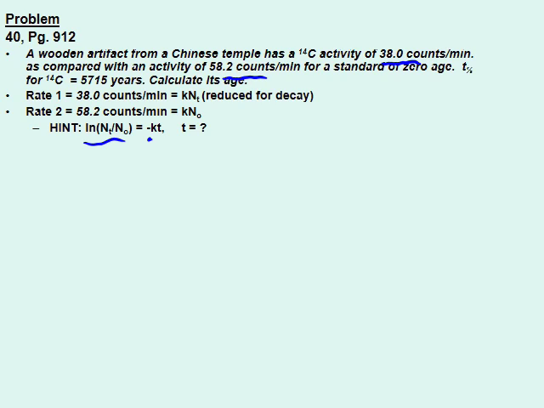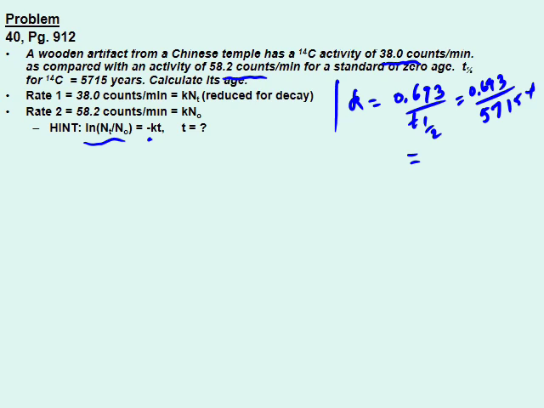In order to get k, we are going to use that known expression. k will be given by 0.693 over t half, which is 0.693 divided by 5715 years, and that gives 1.21 times 10 to the power minus 4 per year. So we got the decay constant, and we're going to use that.